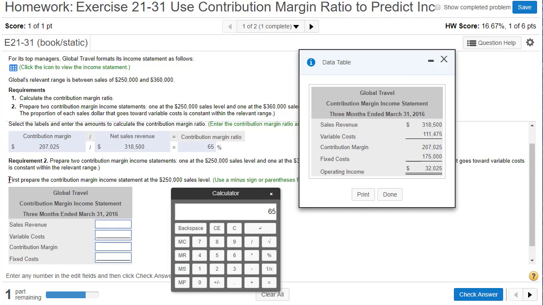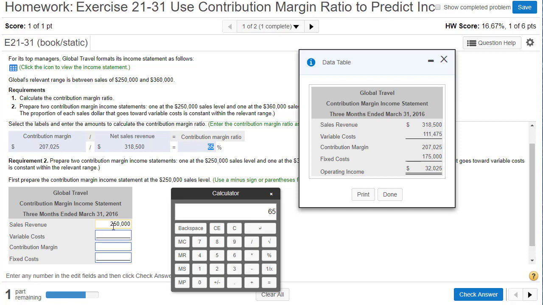Now we're going to prepare the first contribution margin income statement, and we're going to assume our sales are going to be 250,000. So this is our first what-if scenario. What if we have sales of only $250,000? Remember, the contribution margin ratio means that of this amount of sales revenue, we get this much contribution margin.